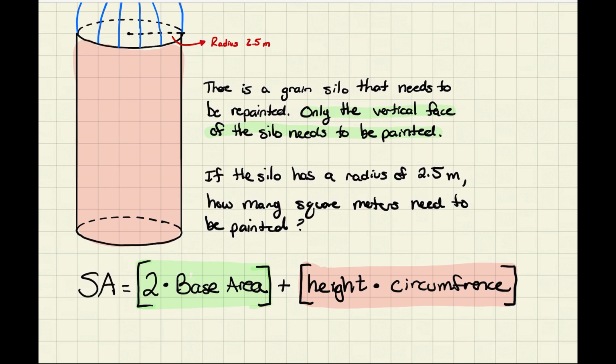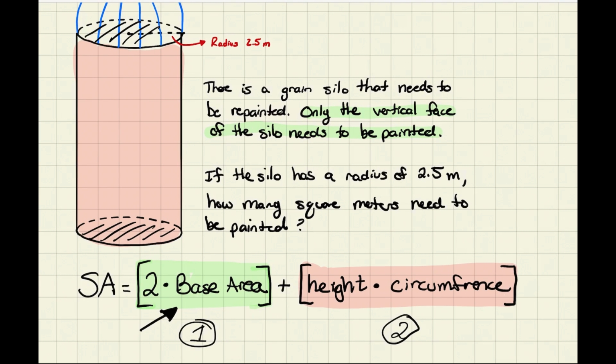So you might be thinking, well, how do I know which equation I need? Okay, well, that's a good question. You've got really two choices here, right? You've got this first part here, and you've got this second part here. Well, this green part includes the base areas. And if you think about that, that's this area here at the bottom and this area here at the top. And that is not what they're asking us to calculate.